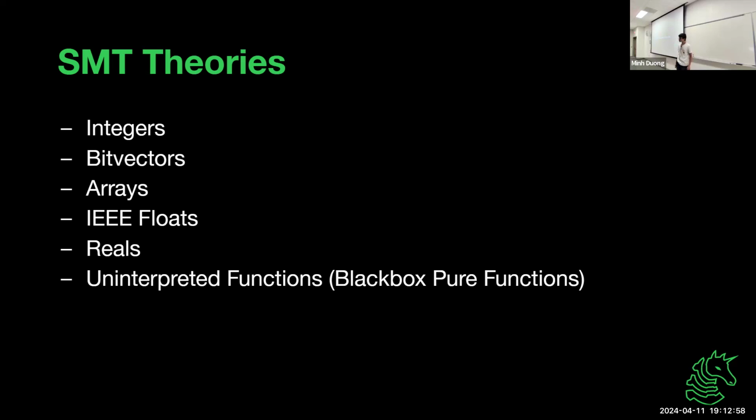SMT solvers are trying to solve a system of constraints where the formulas are written using one of these theories. You may have formulas written using integers and operations on integers, or using real numbers and operations on real numbers.